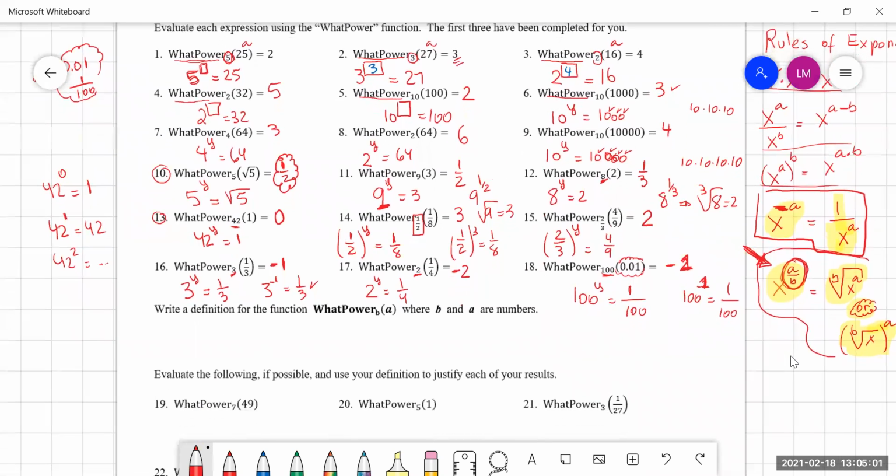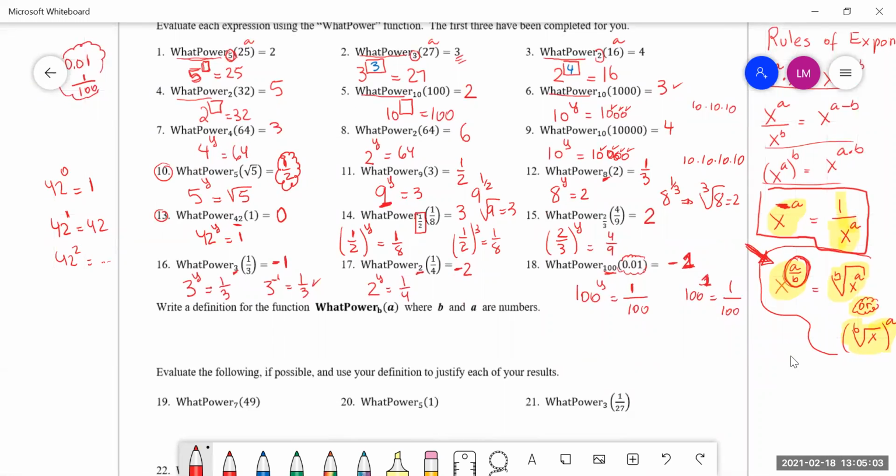Write a definition for the function what power of b, a, where b and a are numbers. Well, based on what I have been doing here, we'll start saying b, which is the base, to a certain power equal to a. That's how we started right here with number 1, number 4. Then we start to use a variable.